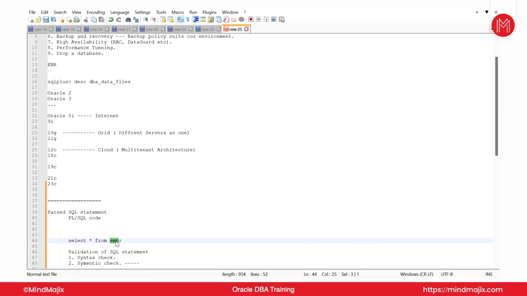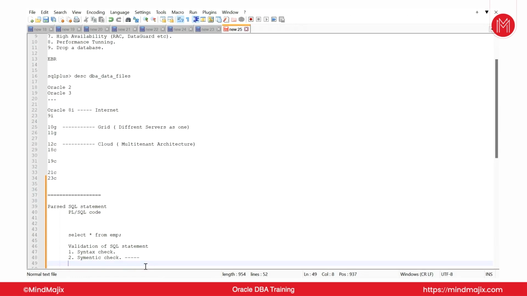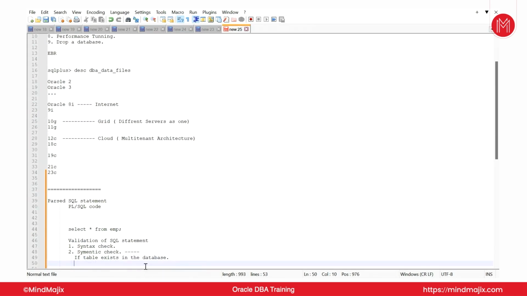So does that user have access to this table? So it checks if the table exists in the database. Second, it checks if the user has appropriate privileges to access the table.